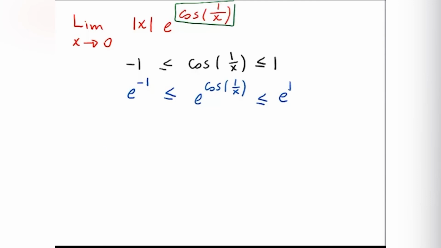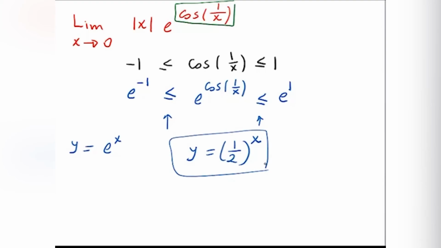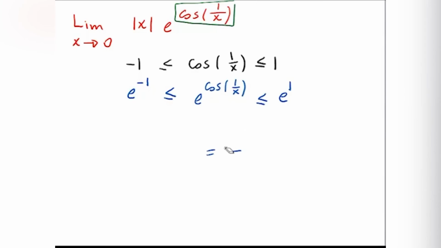If I were dealing with, for example, half to the power x, then I would have to change the inequalities, because half to the power x is a decreasing function. Anyway, e to the power x is an increasing function, and that's why we have kept the inequalities.